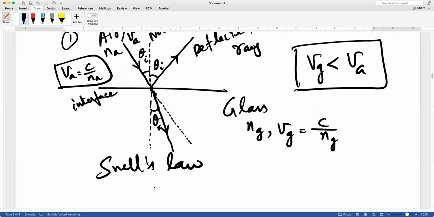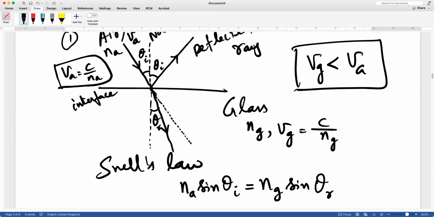You write the one medium on one side and the other medium on the other side. That will be perfectly okay. So it came from air to glass. So write the refractive index of the air and sine of the angle made by the ray with the normal in that medium, equal to the refractive index in the second medium, that is glass, multiplied by sine of the angle made with the normal in the second medium.